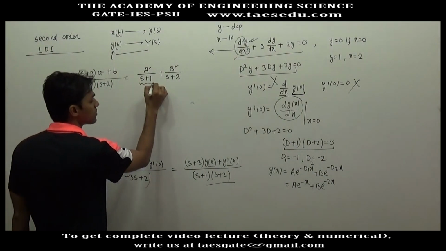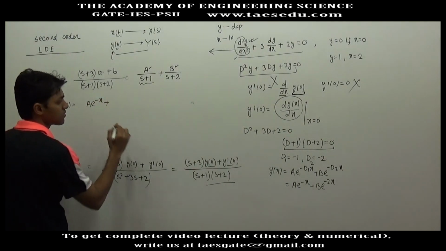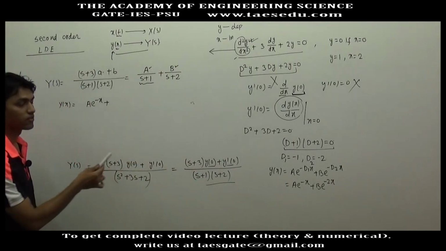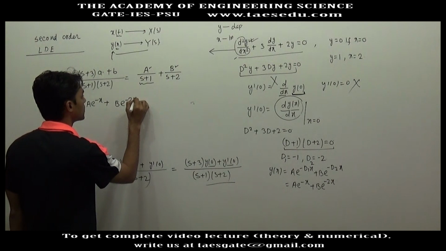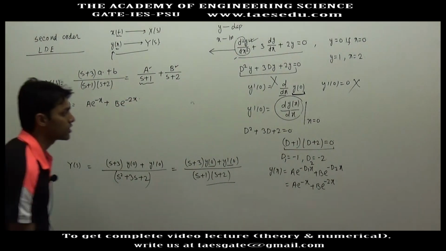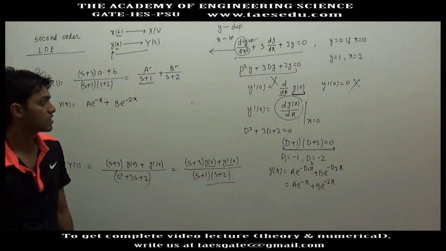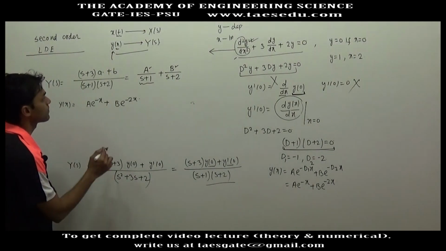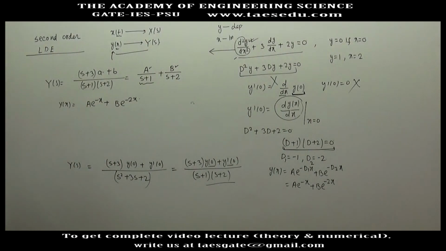So what is the inverse Laplace of this? a into e to power minus x, and b into e to power minus 2x. Please observe, we are getting the same type of equation. So what we do in finding the solution of the differential equation is no different than finding it with the help of Laplace. Equivalently, we do the same thing as we do in the case of Laplace.